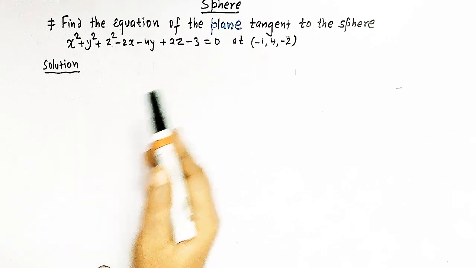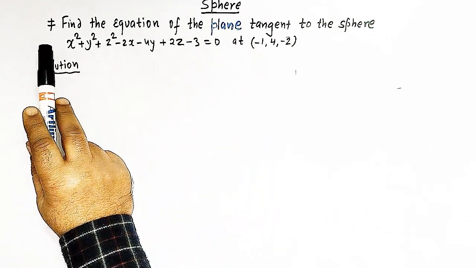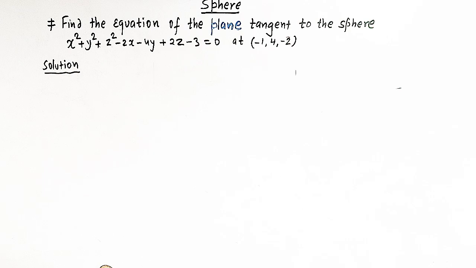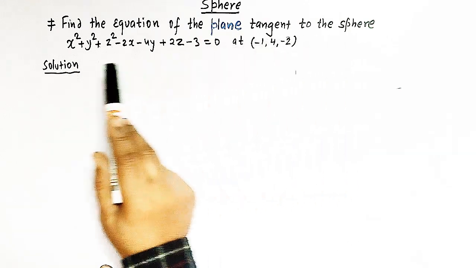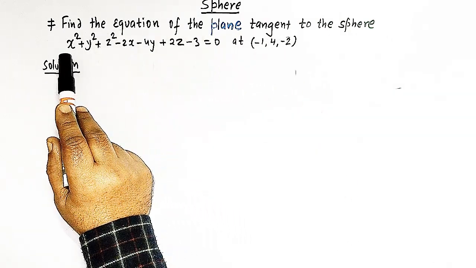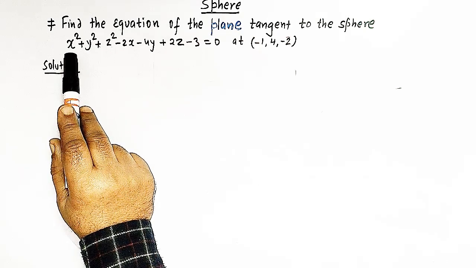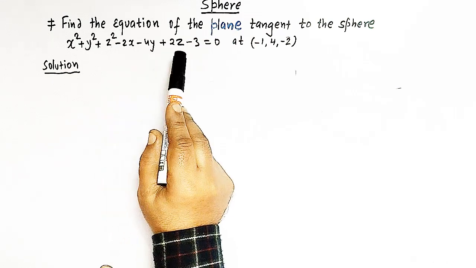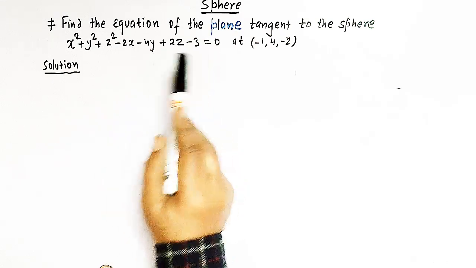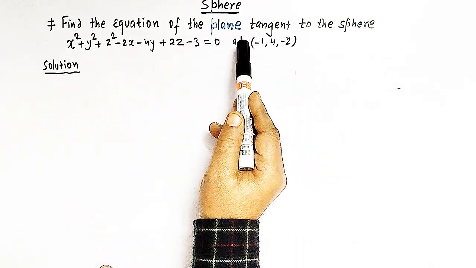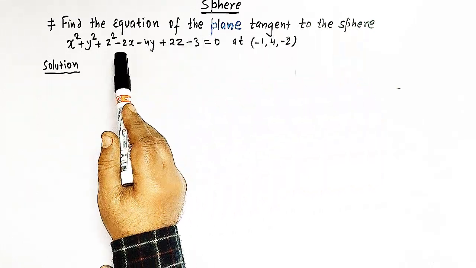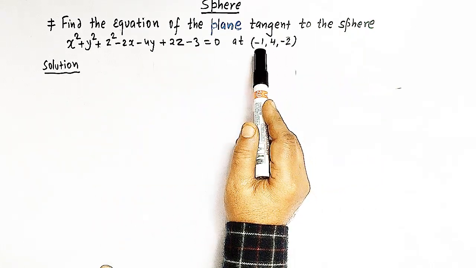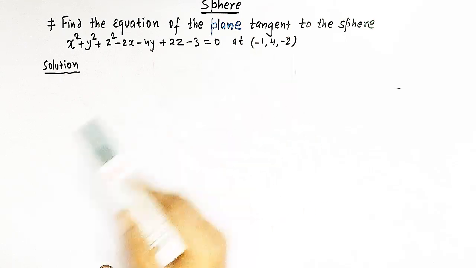So here we'll discuss this concept with the help of this problem where we have to find the equation of the plane tangent to the sphere whose equation is given by this second degree equation x square plus y square plus z square minus 2x minus 4y plus 2z minus 3 is equal to 0, and we have to find the equation of the tangent plane to this sphere at this point, that is minus 1 comma 4 comma minus 2, right? So let us start.